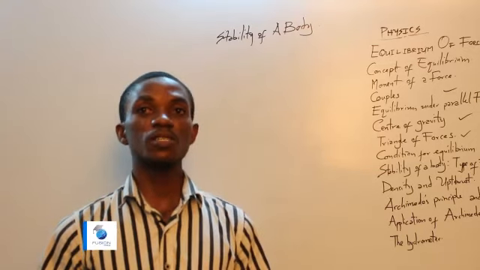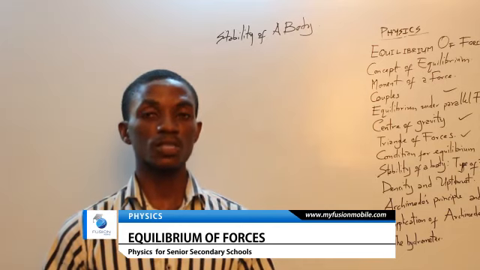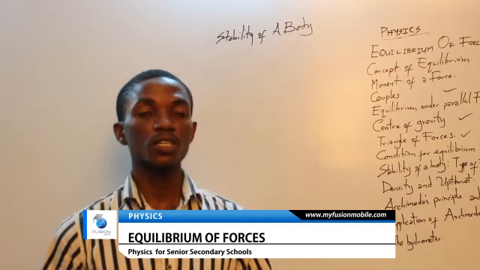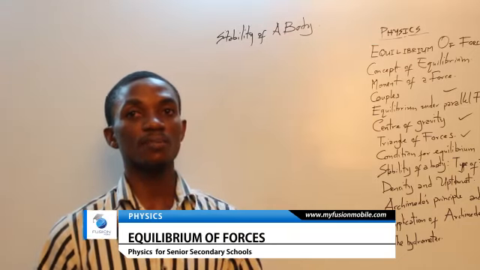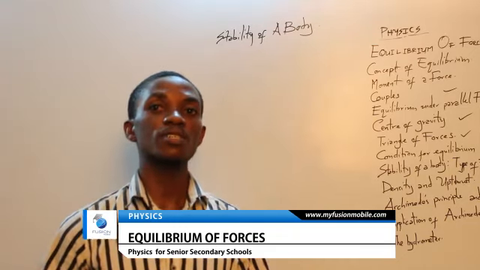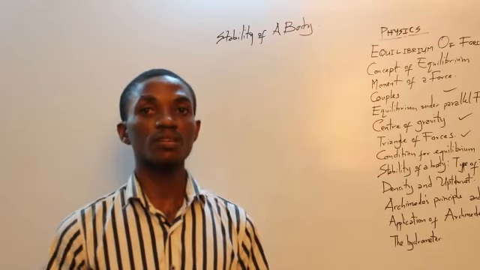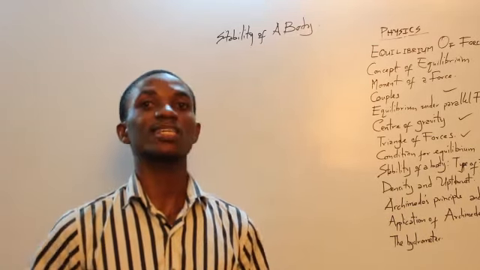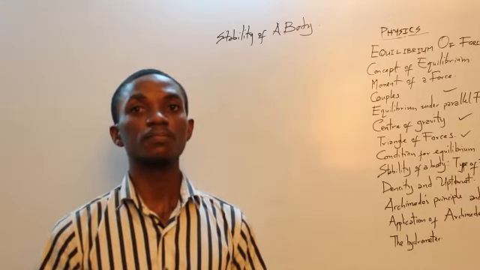And a body is said to possess neutral stability, or to be at neutral equilibrium, if, when slightly displaced, it loses its previous stability but quickly finds another stability within a very short distance. In its new position, it finds another stability.